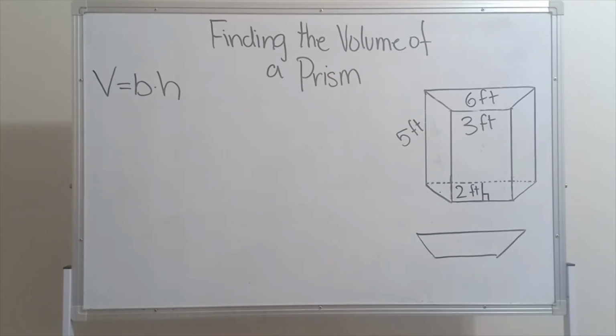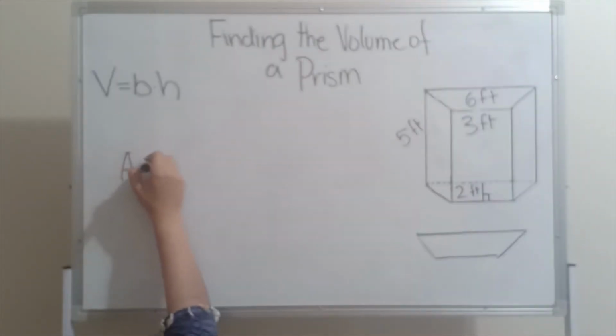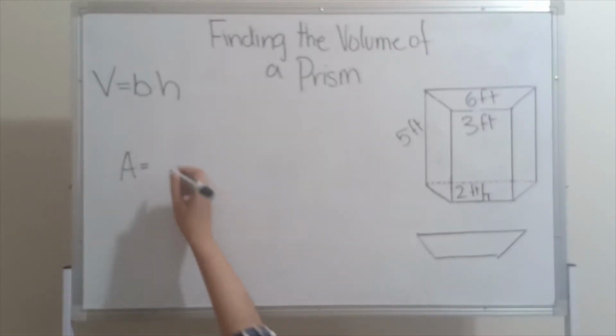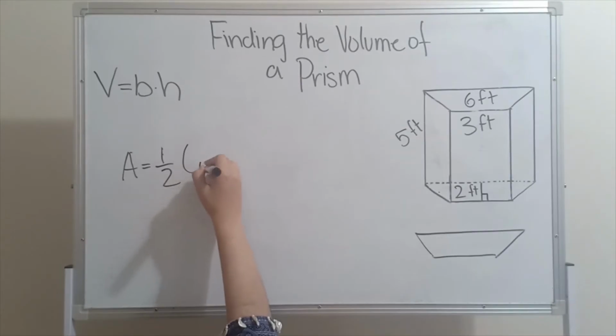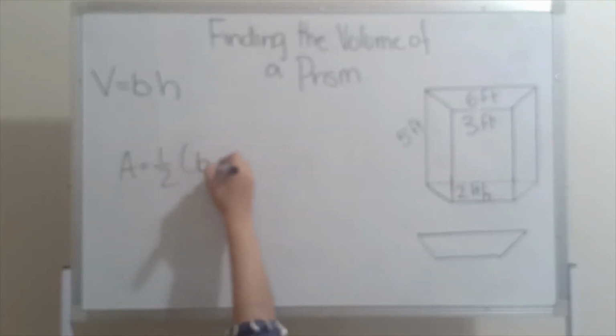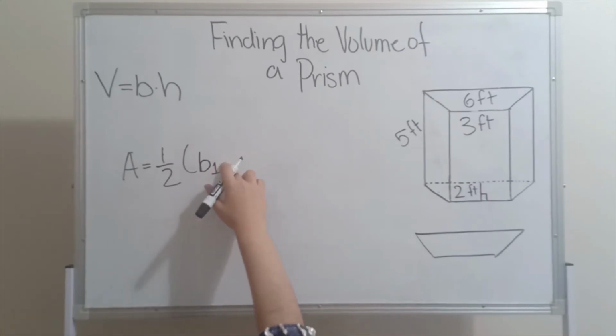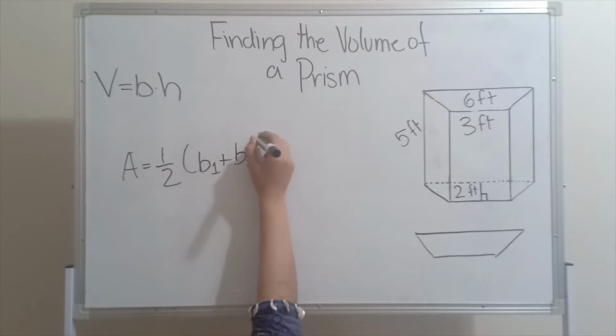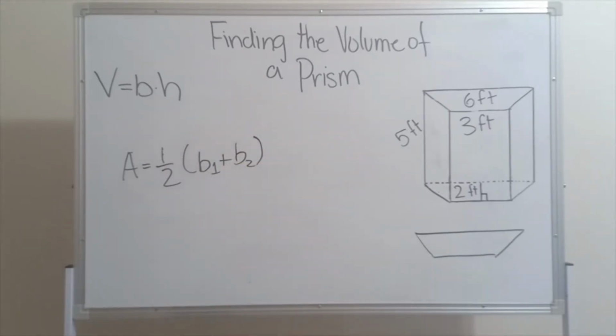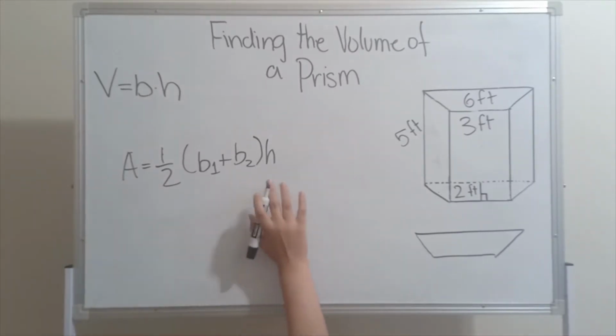The area formula for a trapezoid is area equals 1/2 base 1 plus base 2, and then we multiply it by height. So this is the area for a trapezoid.